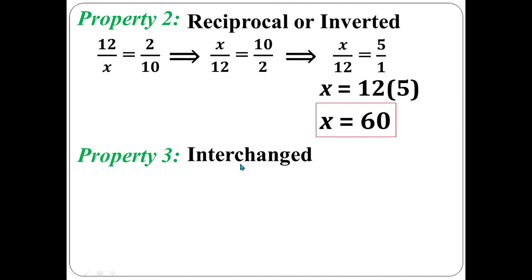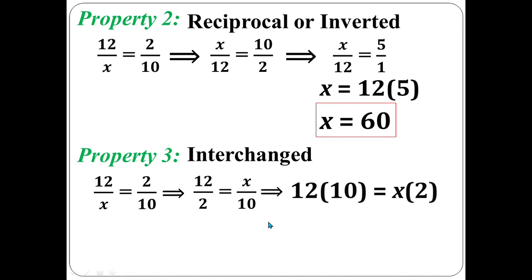Property number 3, interchange. From the given, pag in-interchange, ganitong mangyayari. 12 over x naging 12 over 2, yung 2 over 10 naging x over 10. Yung nag-interchange ay yung means, nag-interchange ang kanilang pwesto. Then, after interchanging, balik ka sa first property.